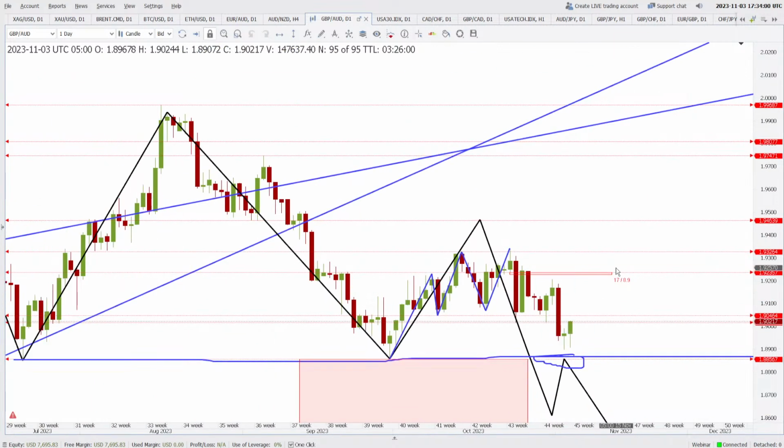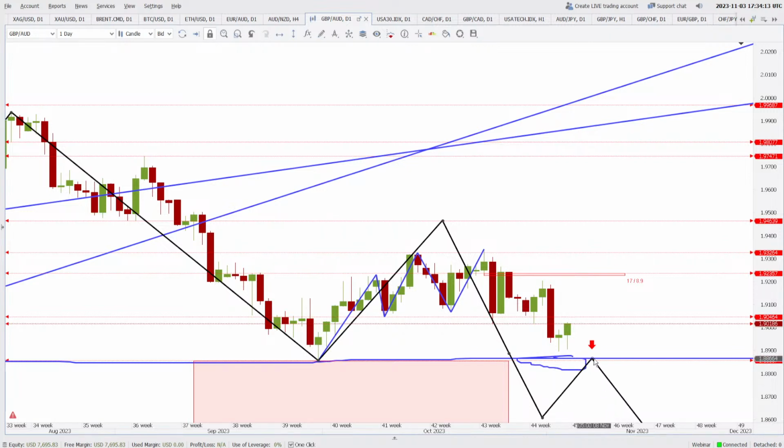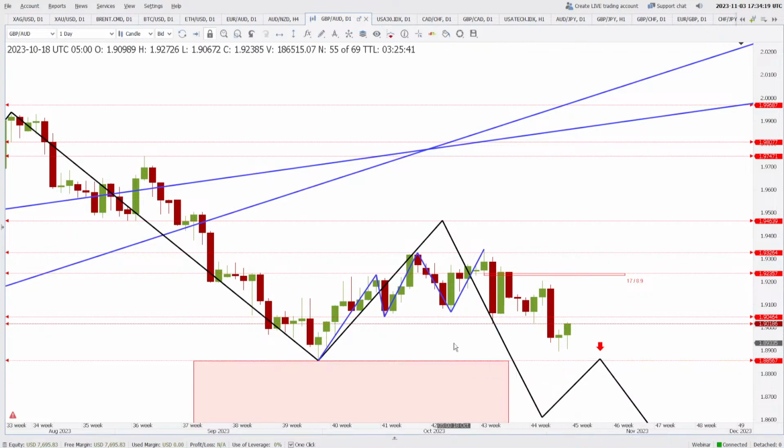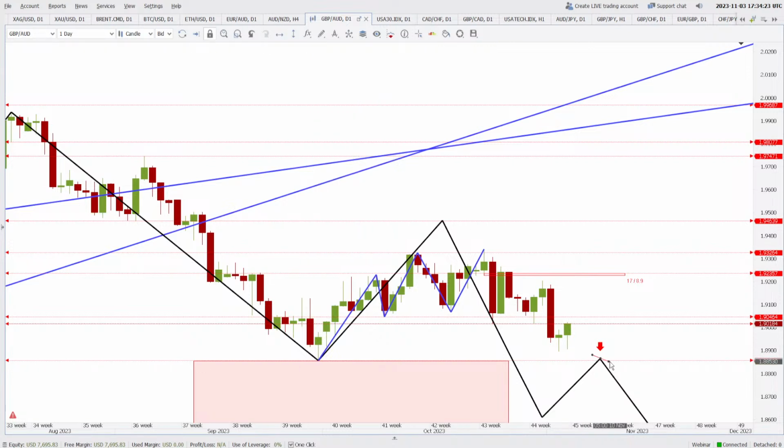I'm not even buying this market, but I will be cautious about GBP AUD, and I'll sell this market somewhere like this. So I'll just stop this one, and then I'll create something like this.